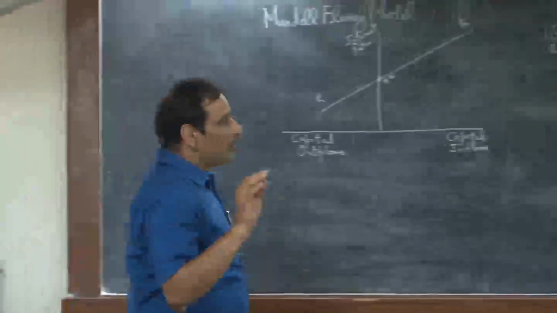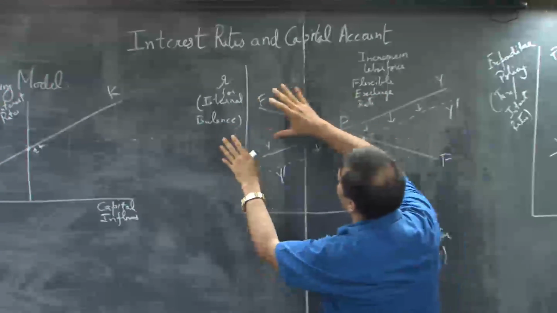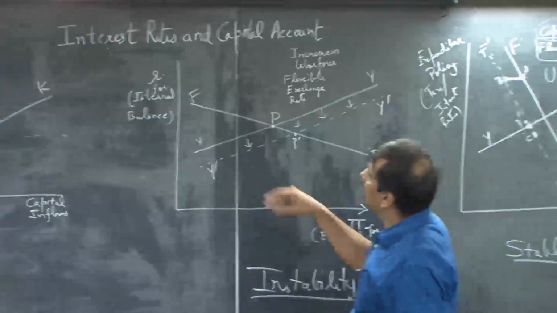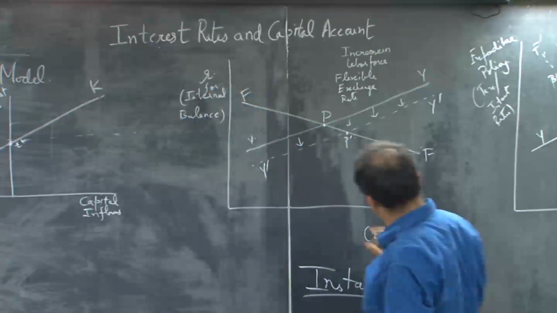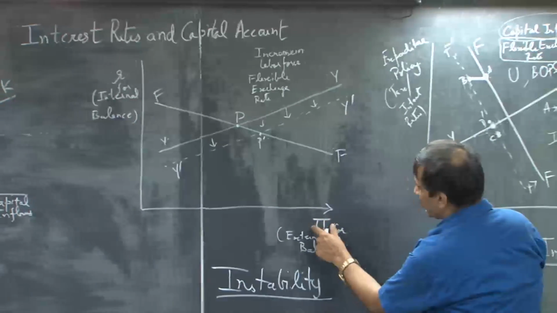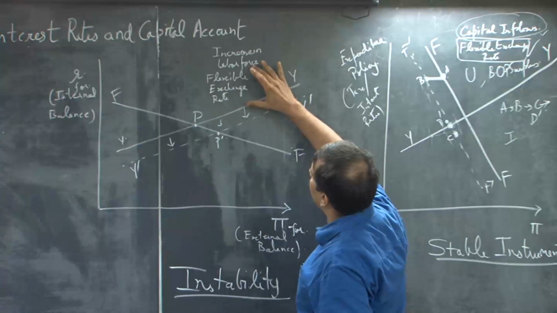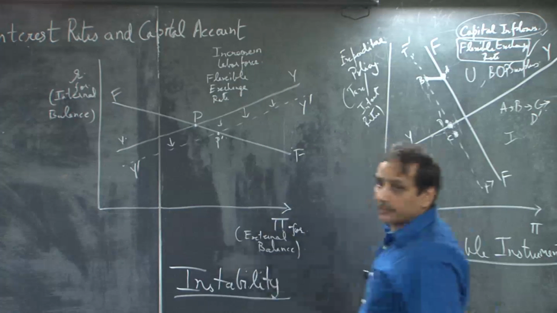And so if you keep on fixing the interest rates for internal balance and the exchange rate for external balance, see how the instability comes in case of a flexible exchange rate.